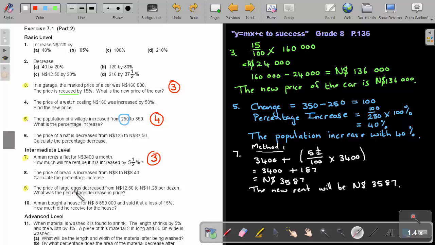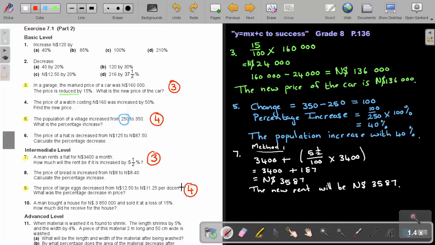Now let's look at the last one. The price of large eggs decreased from 12.50 to 11.25 per dozen. What was the percentage decrease in the price? So can you see they want the percentage decrease. So definitely this is the same as the one which we classified as number 4.